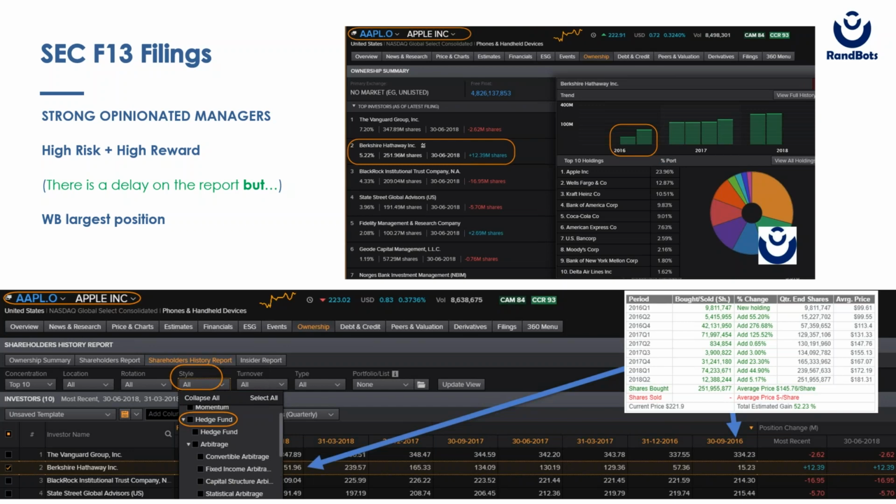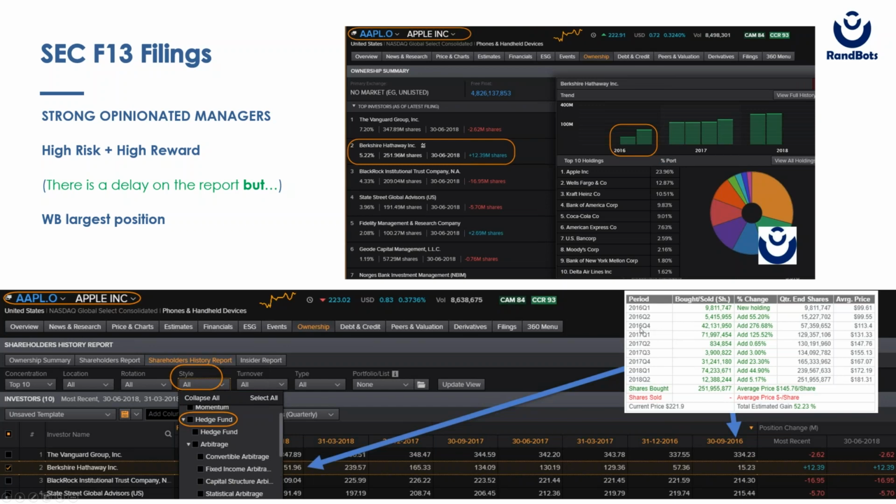So I didn't know. Right? Then the next quarter comes and he increased the position 55%, going from 9 million shares to 15 million shares.